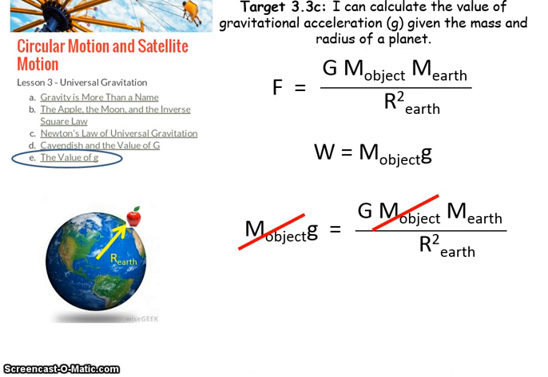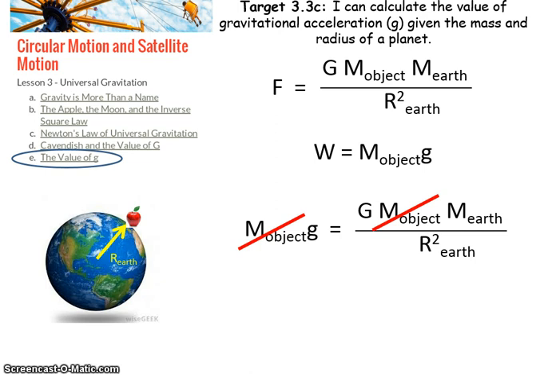If you set the two expressions equal, on the left side you have mg, where m is the mass of the object, and on the right side you have the law of universal gravitation written between an object and the Earth, assuming that the object is at sea level or near it. One of the things that you notice right away is that the mass of the object cancels out.